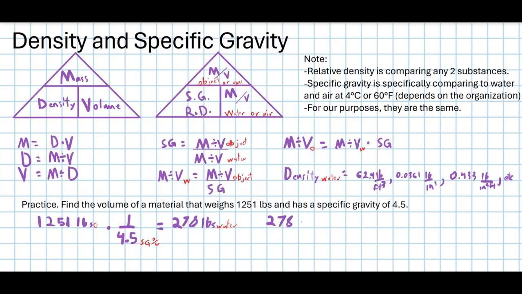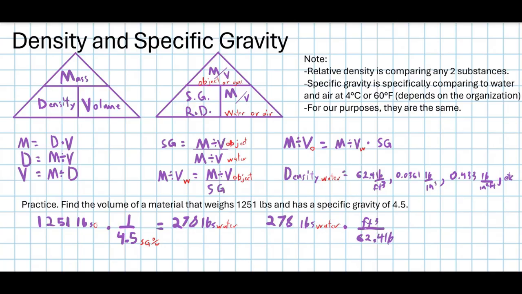I'm going to draw that a little bit more clearly, pounds. And remember that this is water. And I'm going to divide this, or multiply by the inverse, the density. So 278 divided by, and I'm picking cubic feet here, so I'm going to use cubic feet per 62.4 pounds.